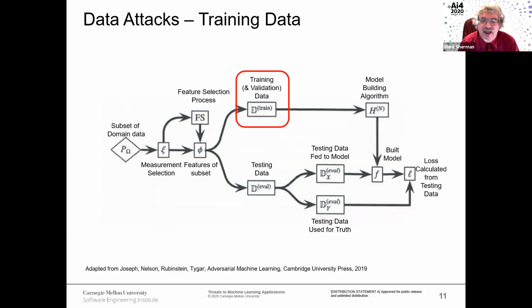A historical example: there was an attempt to build a system that could recognize tanks. It turns out all the tank pictures they had were in the forest. They put this out in the desert to recognize tanks, and it didn't, because it recognized forests, it didn't recognize tanks. The training data didn't really represent what you wanted it to represent.